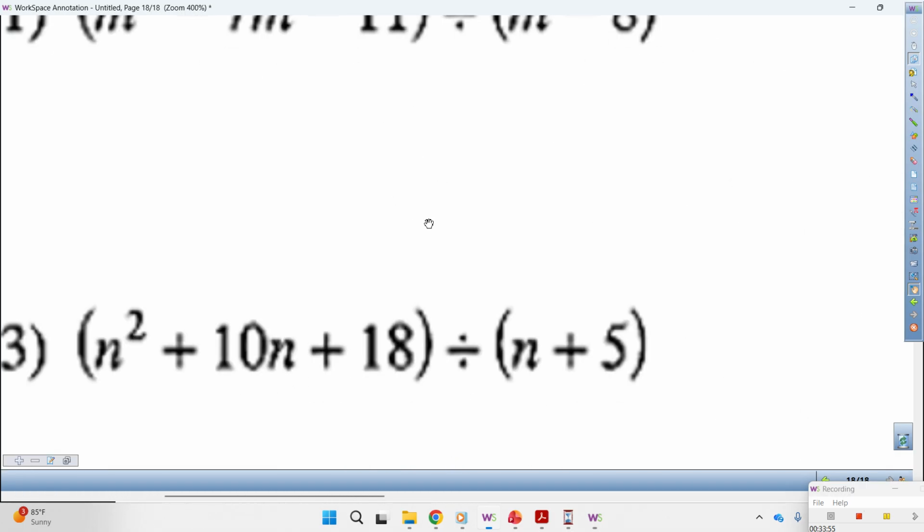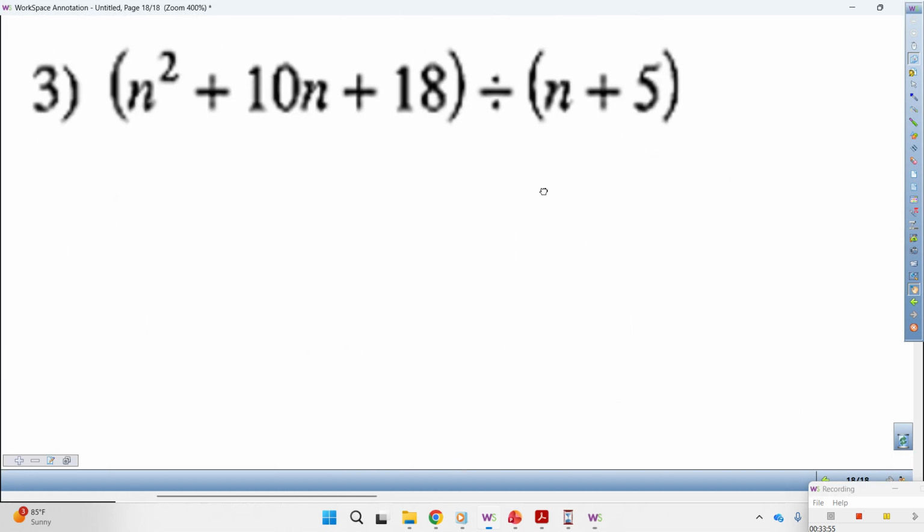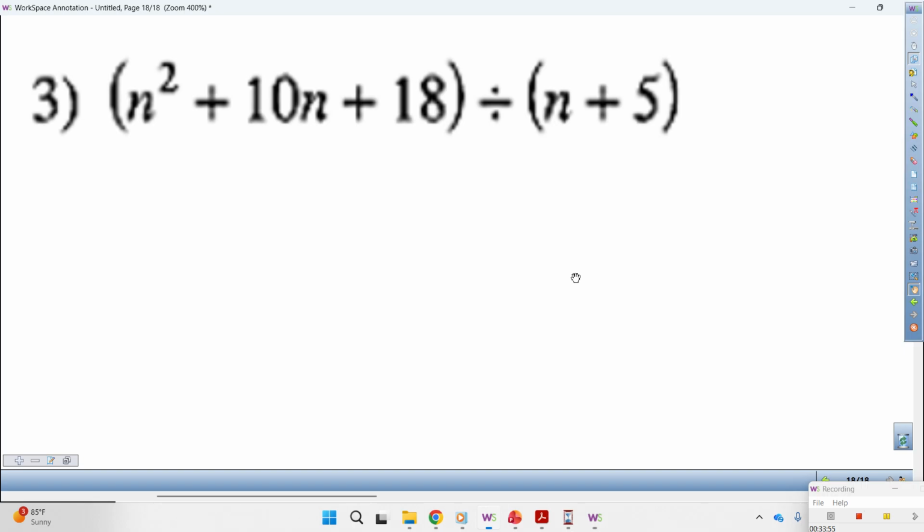So, working on number 3. N squared plus 10n plus 18 divided by n plus 5.